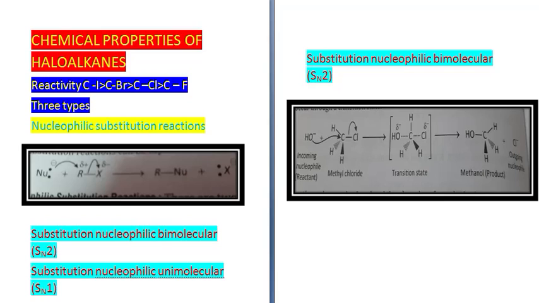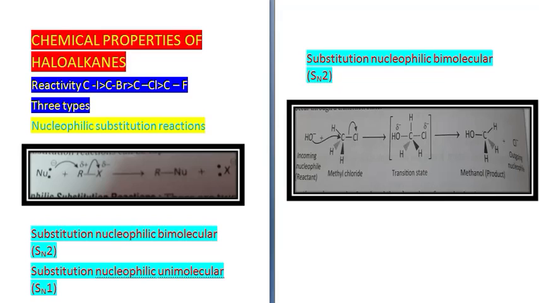Now, if you look at the reactivity of haloalkanes, the carbon iodine bond is more reactive than carbon bromine, which is more reactive than carbon chloride, which is more reactive than carbon fluorine, due to increasing bond dissociation energy from the carbon iodine bond to the carbon fluorine bond. That is why the order of reactivity is like this.